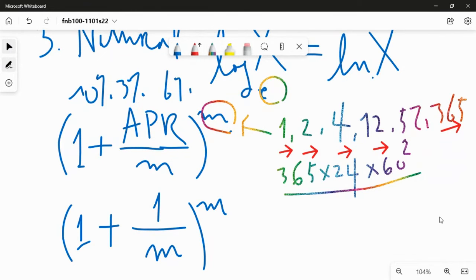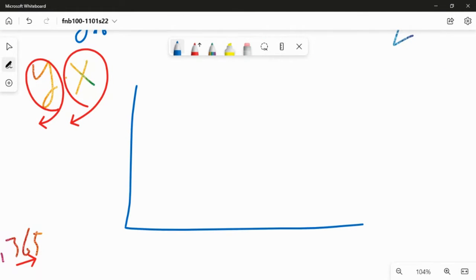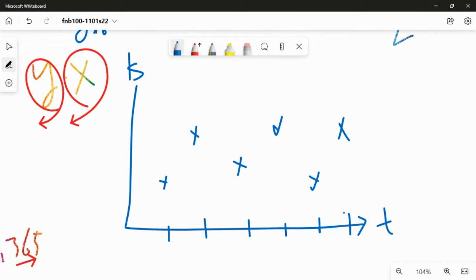What I'm saying is, if we plot the movement of the stock price by the hour, it will look like this.